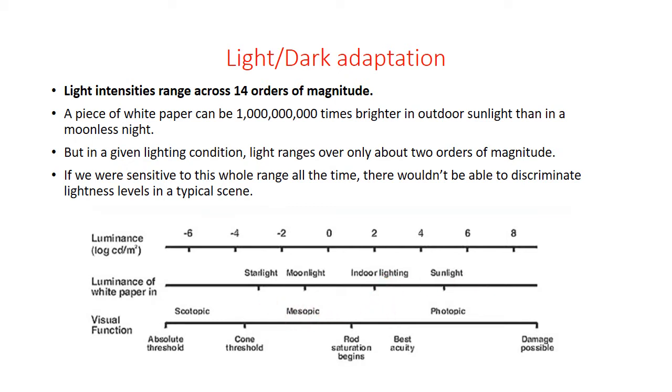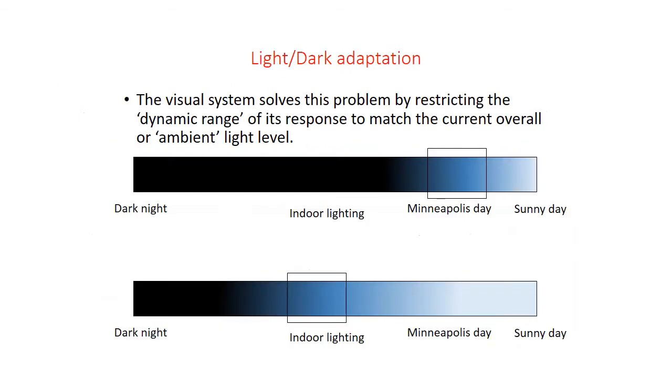Mesopic refers to the levels of light in which both rods and cones are able to operate. So light-dark adaptation allows the visual system to operate within the dynamic range, for example on a Minneapolis day or indoors, by adjusting the gain of the visual system.